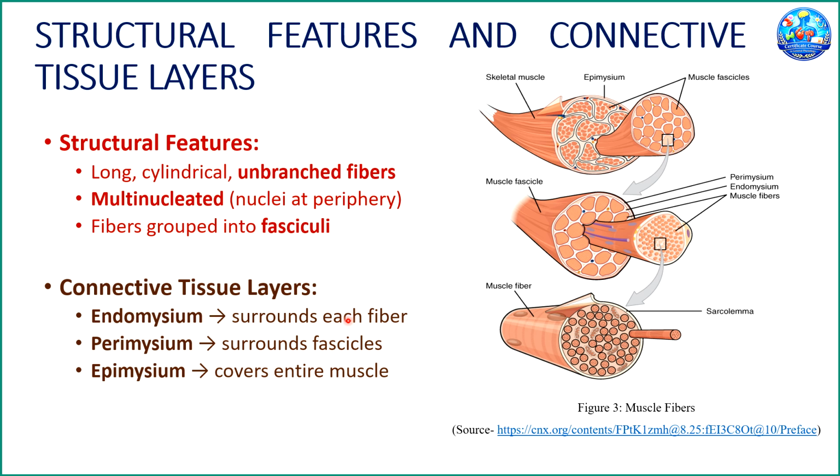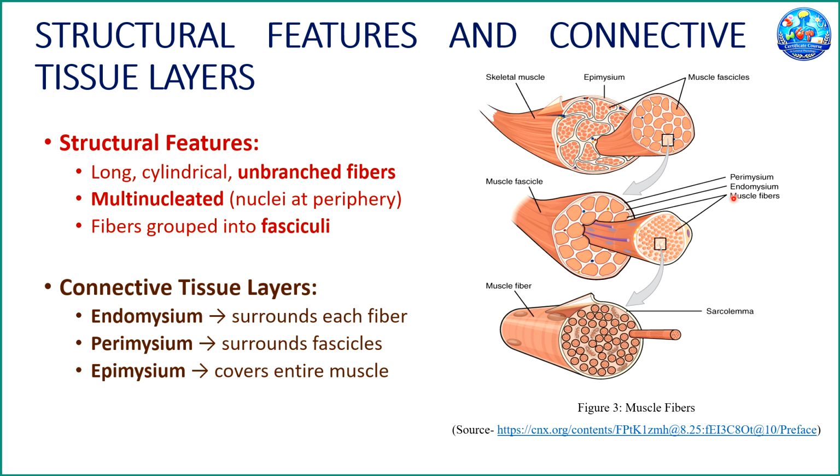Each fasciculus is surrounded by connective tissue, which we call the perimysium. Each individual muscle fiber is enclosed by endomysium, and the entire muscle is surrounded by connective tissue, which we call the epimysium. So epimysium is the outer one. This is the muscle fasciculus. Here you can clearly see the perimysium and the endomysium.